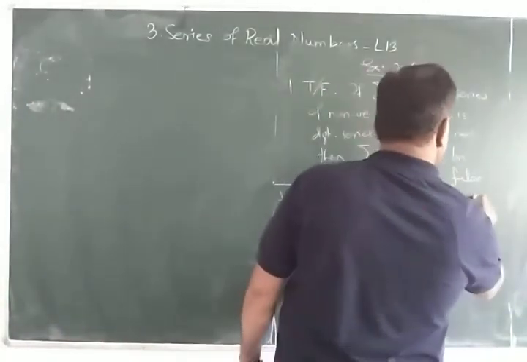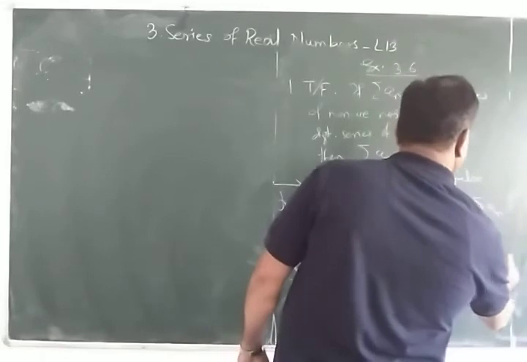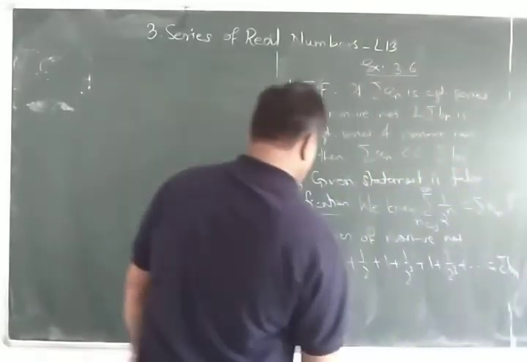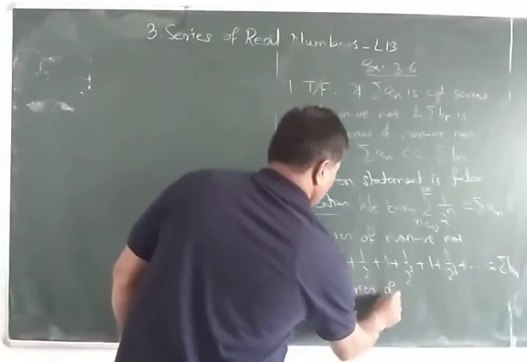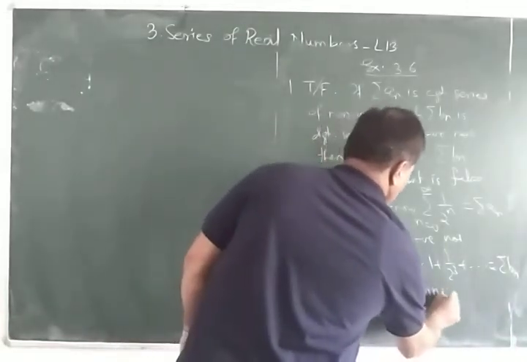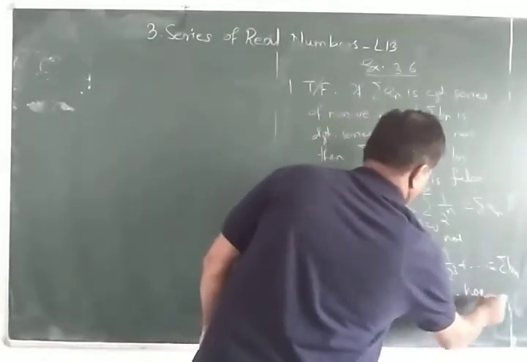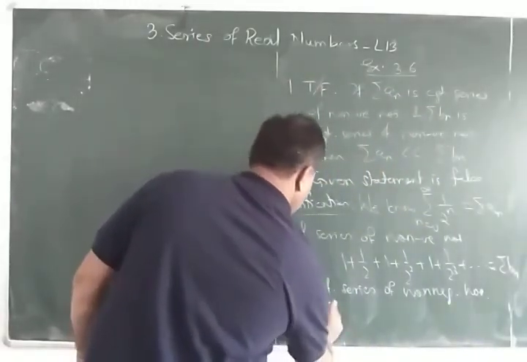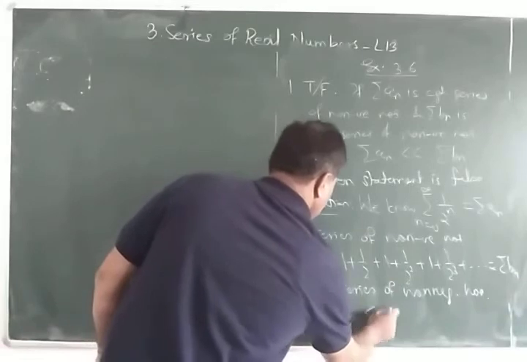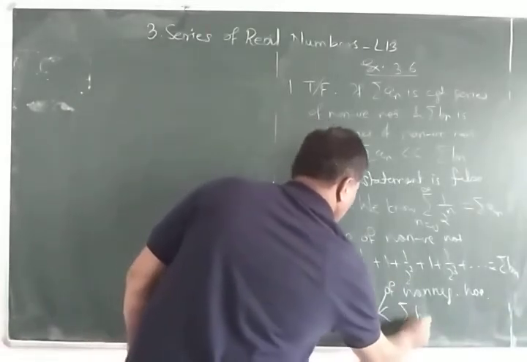This is your summation a_n, this is summation b_n, a divergent series of non-negative numbers, such that summation a_n is not dominated by summation b_n.